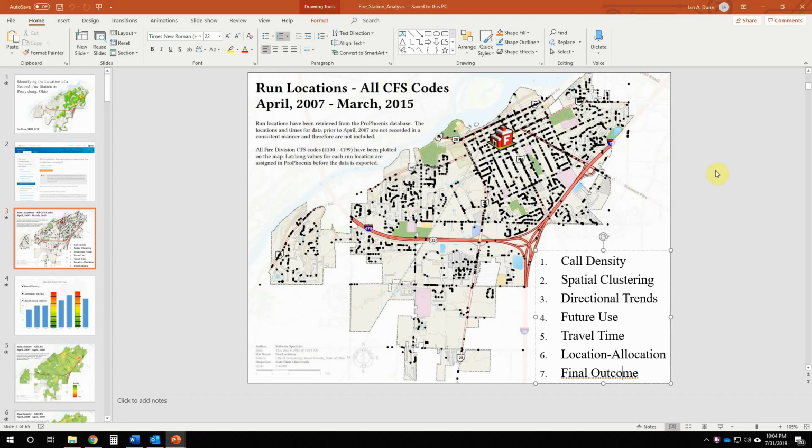So I'm going to talk a little bit about work I did a few years ago, analyzing lots of point data to help locate a new fire station. It was a presentation.